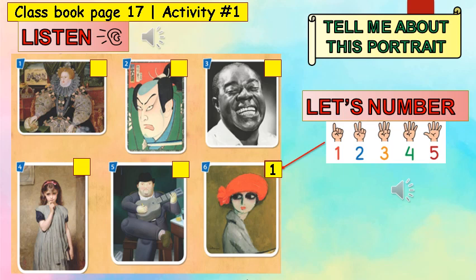It's a man. He's wearing a hat and purple trousers and a purple jacket. He's got a guitar. Tell me about this portrait. It's a man. Is he happy? No, I think he's angry.